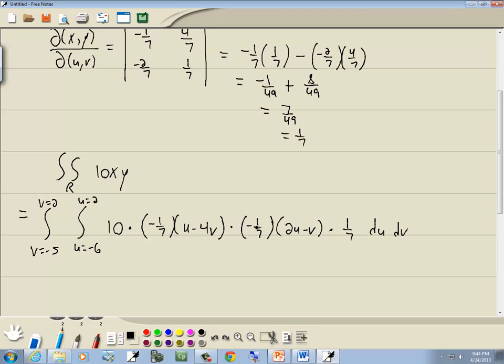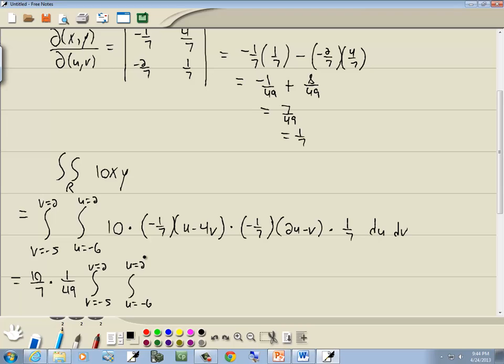Well, the 10 and the 1/7 I can put out in front. So that gives us 10/7. And negative 1/7 times negative 1/7 gives us a positive 1/49. So I can put that out in front. And then we have v from negative 5 to 2, and u from negative 6 to 2.